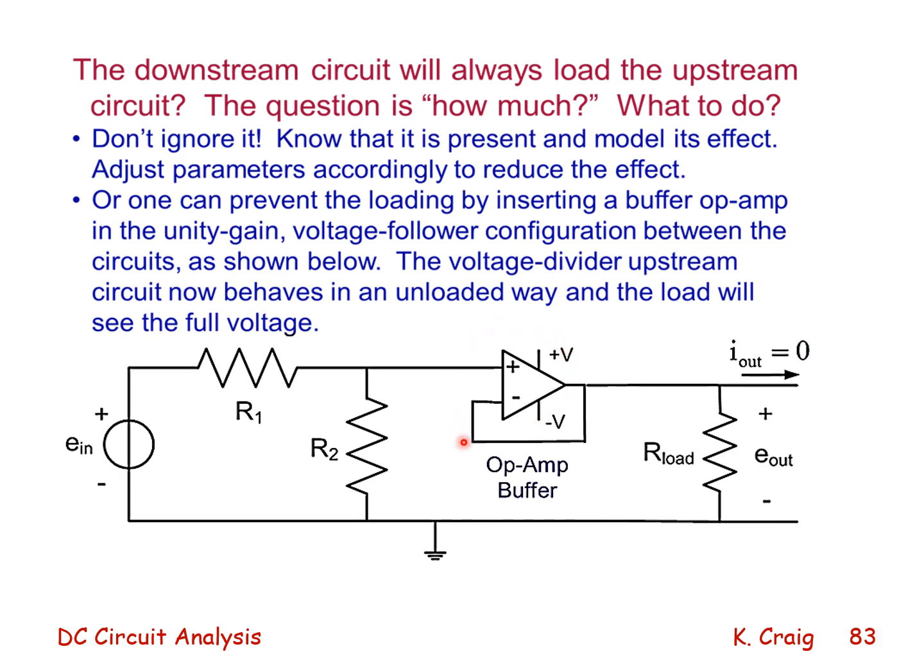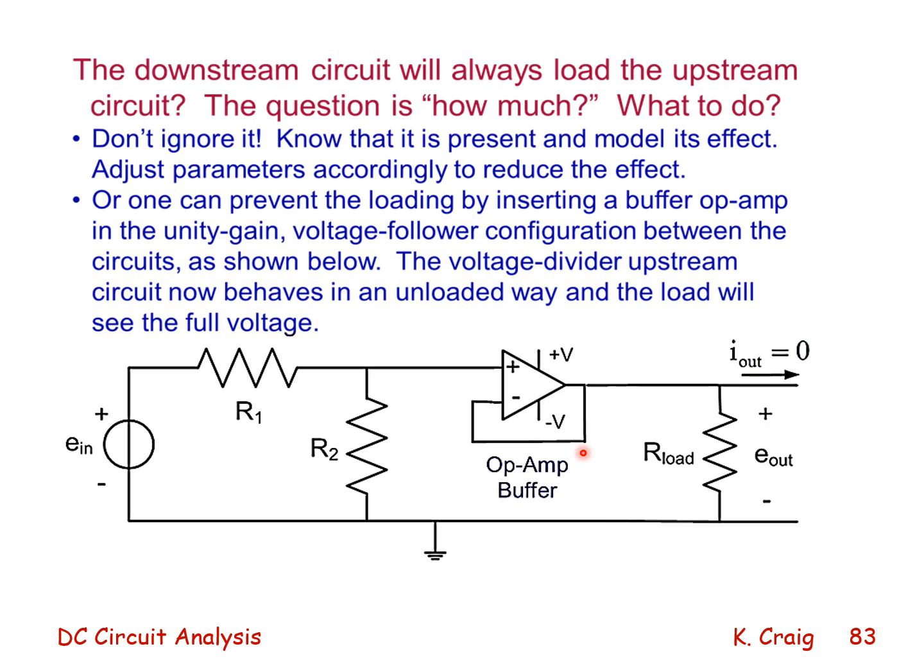Here is an op amp in the unity gain voltage follower configuration, which we will cover in detail in the op amps portion of this course. The voltage divider upstream circuit now behaves in an unloaded way, and the load will see the full voltage.